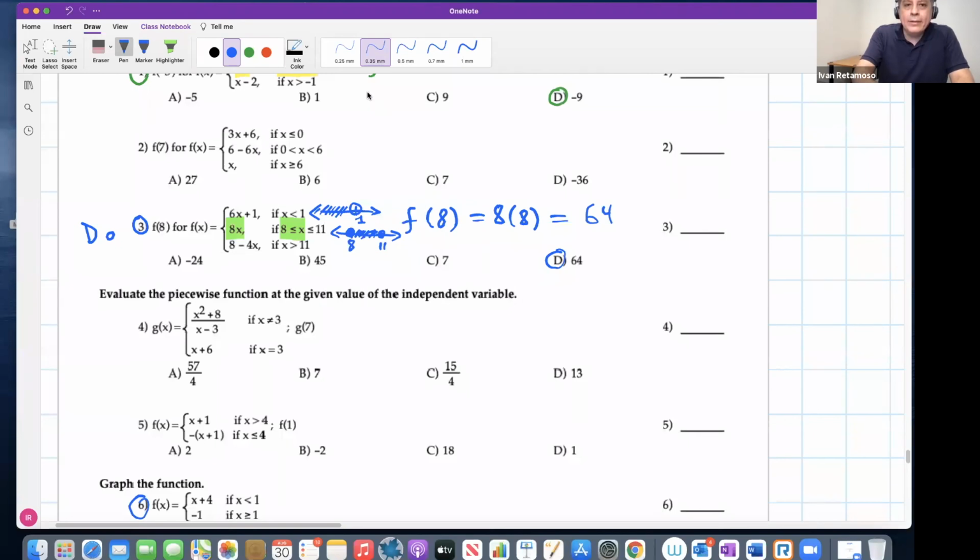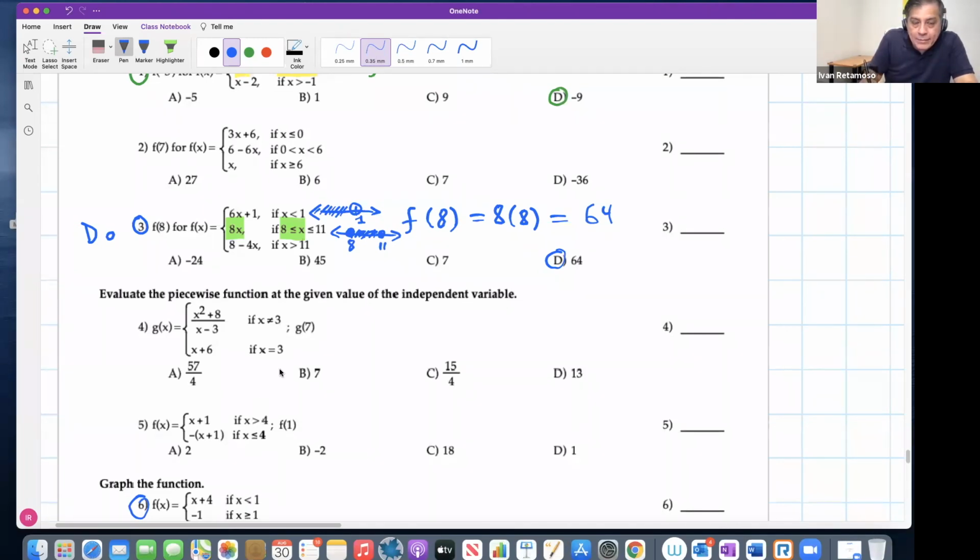Yes, it gives you a place where you should look for the input value. The 8 you have is in this interval, so therefore you have to use this formula. Excellent. For the other formulas, it depends where the input is.